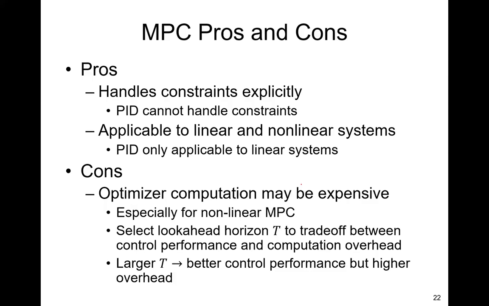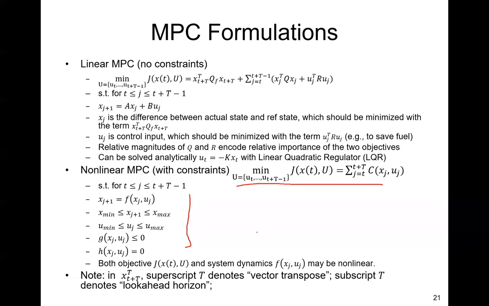If your model is not accurate... this is the linear system model, this is a nonlinear system model. The model describes how the state evolves based on the current state and control input.